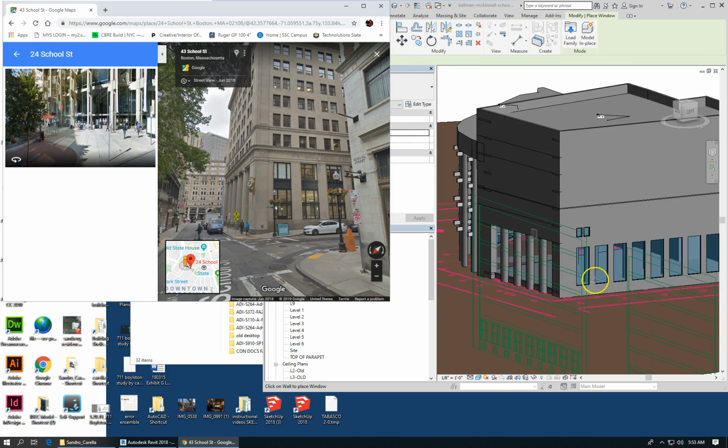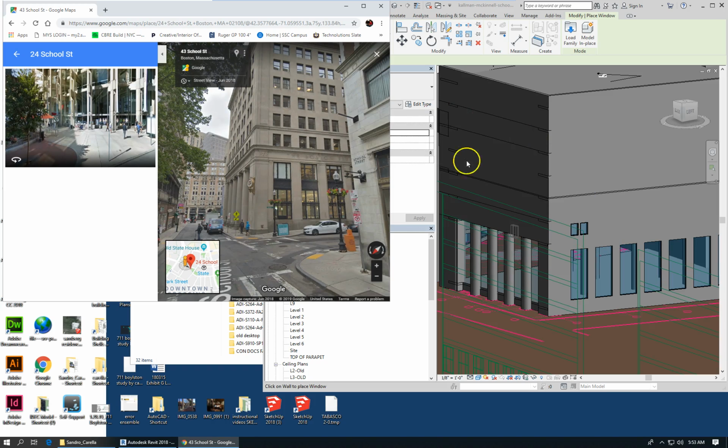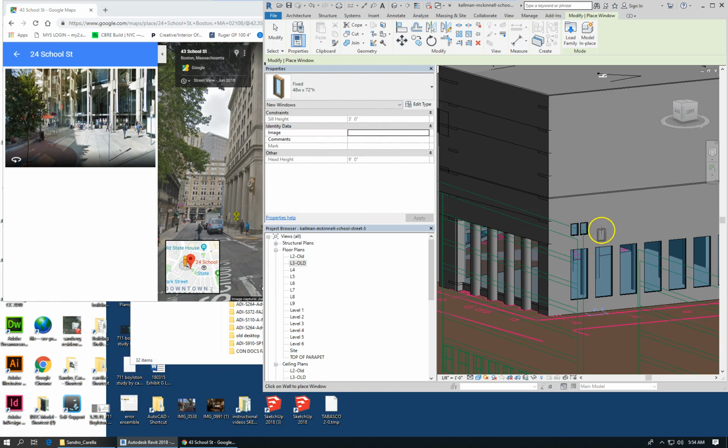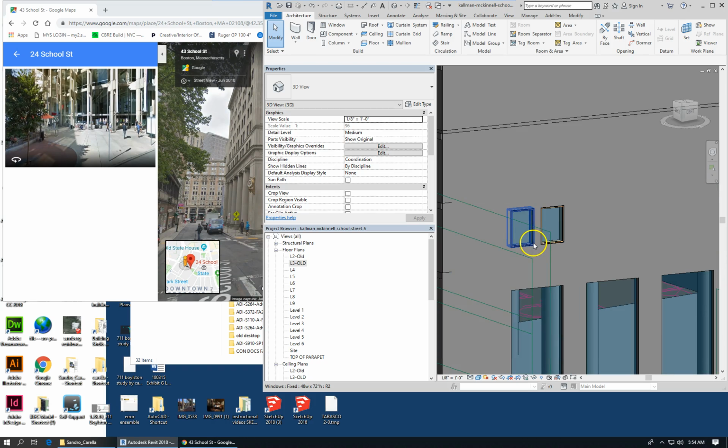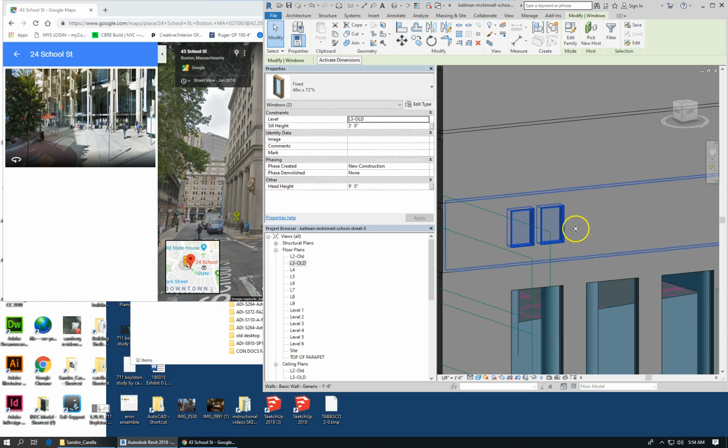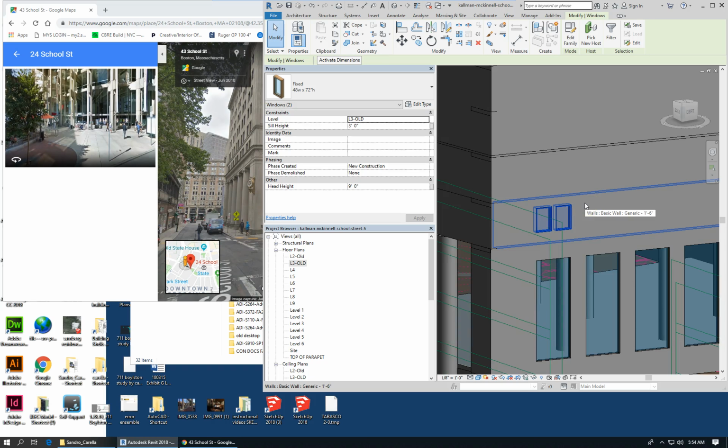So the job becomes easier when you, so I'm not going to place them individually anymore, but I would take these two. We wouldn't have wood frames around them like you see right now. We'll change that type and modify all that.